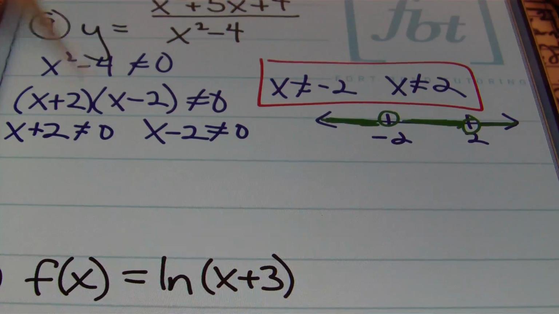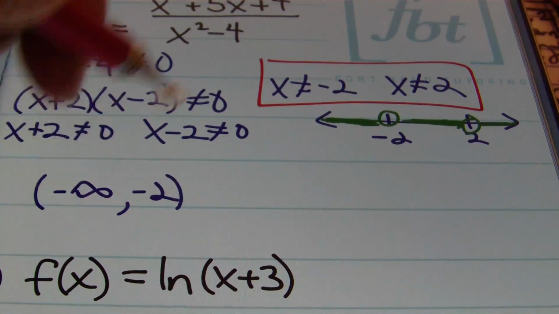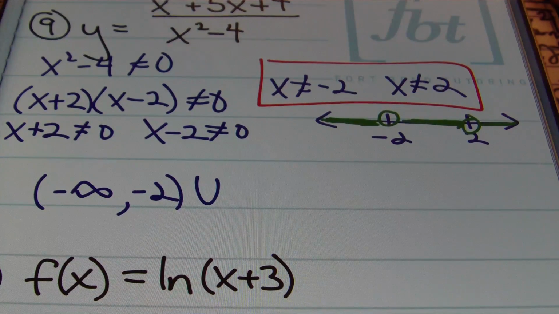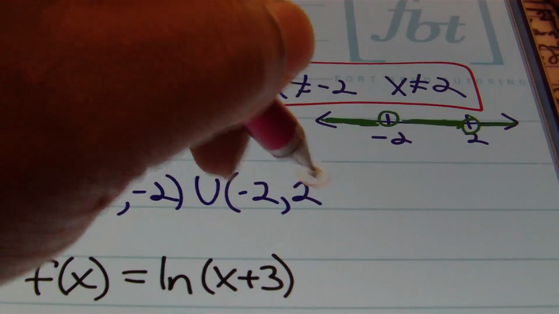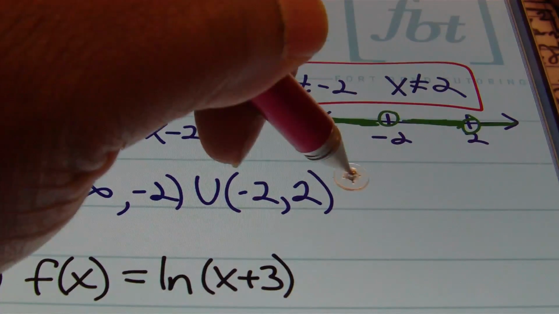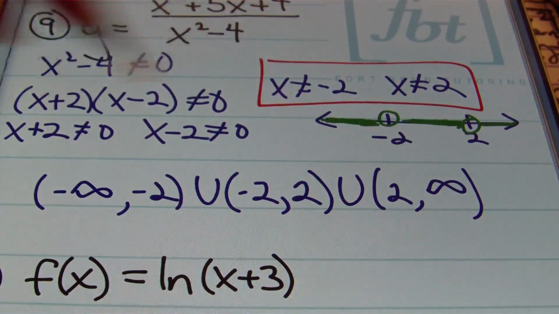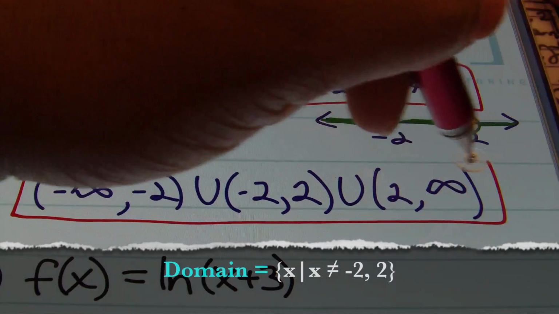For the left region, you'll write negative infinity to negative 2. Then you'll union that with the middle portion, the values between negative 2 and positive 2, so negative 2 to 2. Then I want to take care of the right portion, so I'll have union 2 to positive infinity. And this is the domain, ladies and gentlemen, in interval notation. That's right.